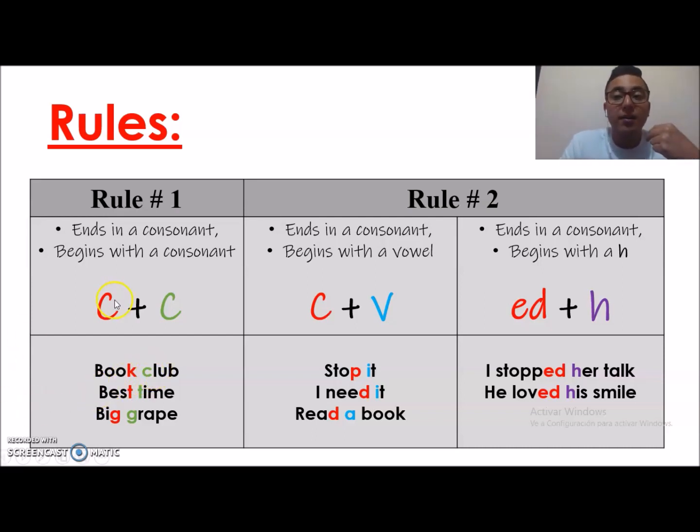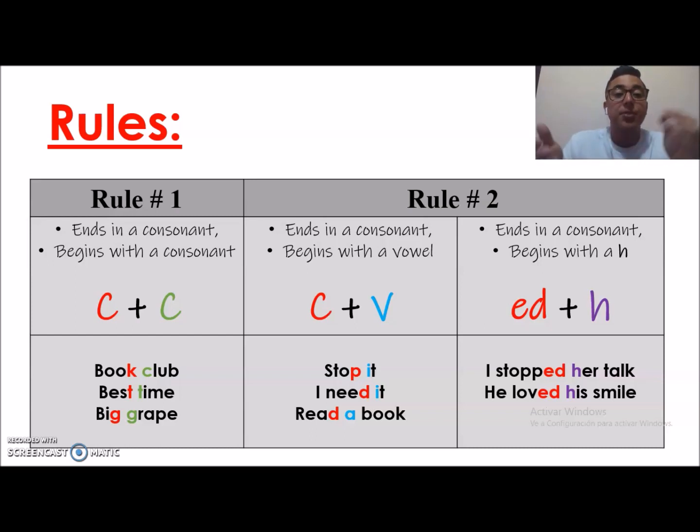So in here we have that book ends with k sound, and club starts with k, the same one. Remember that we are working with sounds, not with letters. And if you pay attention to the word club, it is not written with k, but it's pronounced with the k sound.